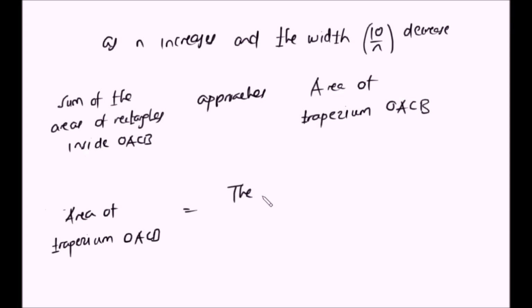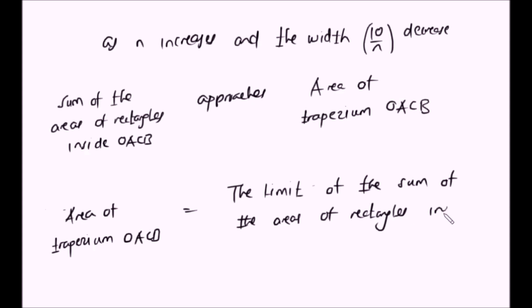It is the limit of the sum of the areas of rectangles inside OACB, okay, as n increases, n being the number of rectangles, and the width decreases.